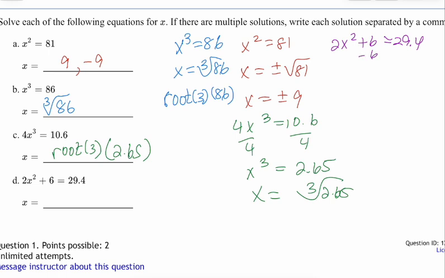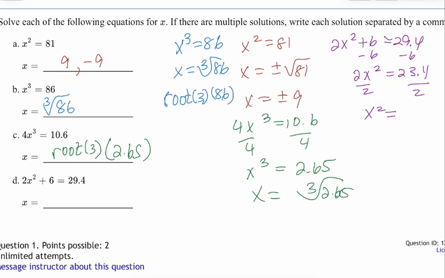You must subtract off the number or add the number first to isolate that variable, just like any other equation. Now, if there's a front coefficient, which mine is 2, yours might be 2 or 3 or whatever, we have to divide that off first. So I get that x squared equals a number.